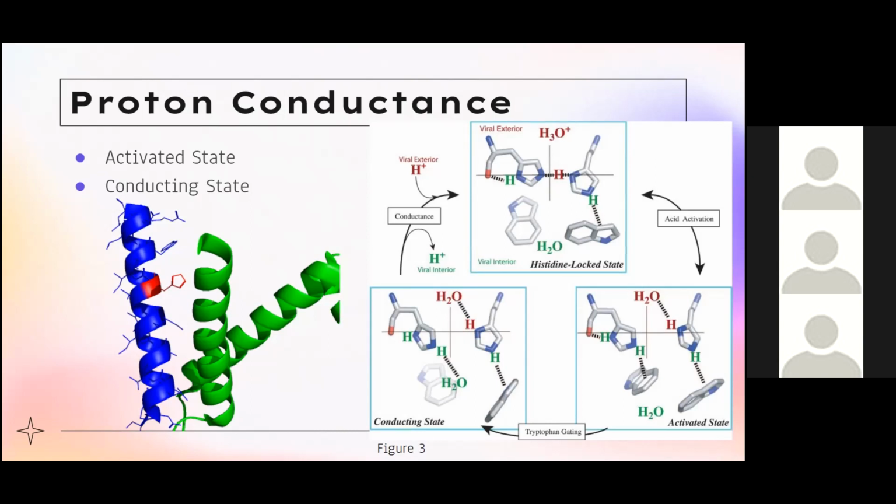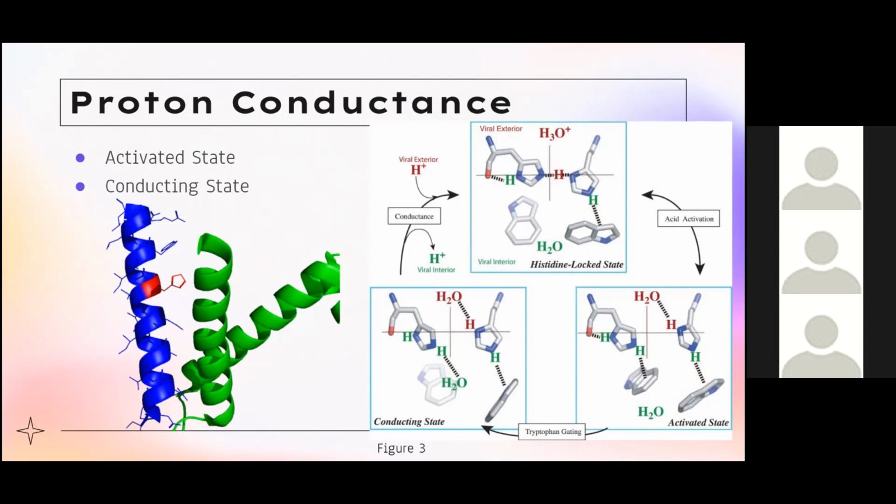This is now the activated state. And the now triply protonated histidine tetrad is stabilized by a hydrogen bond with water at the N sigma 1 site that there's now access to. This is located on the N-terminal side. Another stabilizing factor is an additional cation-pi interaction with a tryptophan 41 residue at the N epsilon 2 site on the C-terminal side.